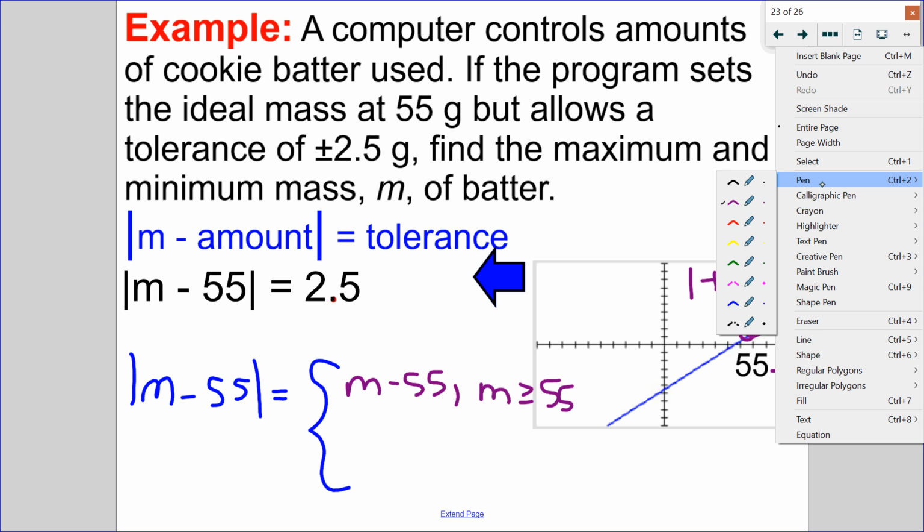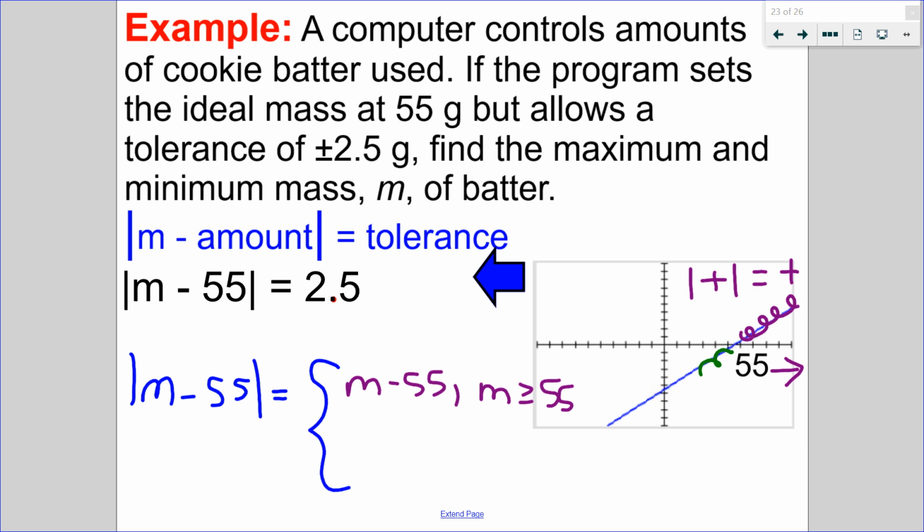Okay, my second piece is the negative piece where it's below the x-axis. And in here it's negative, and the absolute value of a negative is a positive. So switching the signs, m becomes negative m, negative 55 becomes positive 55. And that will happen anytime m is less than 55.